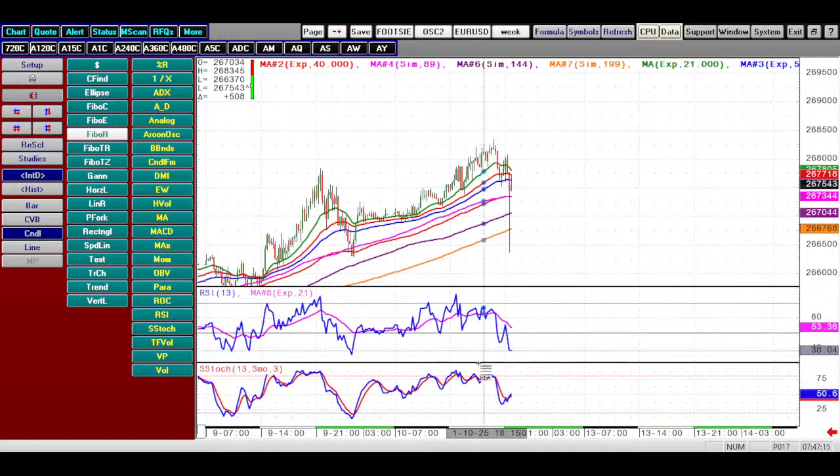So let's see. The immediate support would be 73 and 74. That should be your immediate support. If the price breaks, then it may come down. Now it is 76. On dollar yen, the order is still not filled.